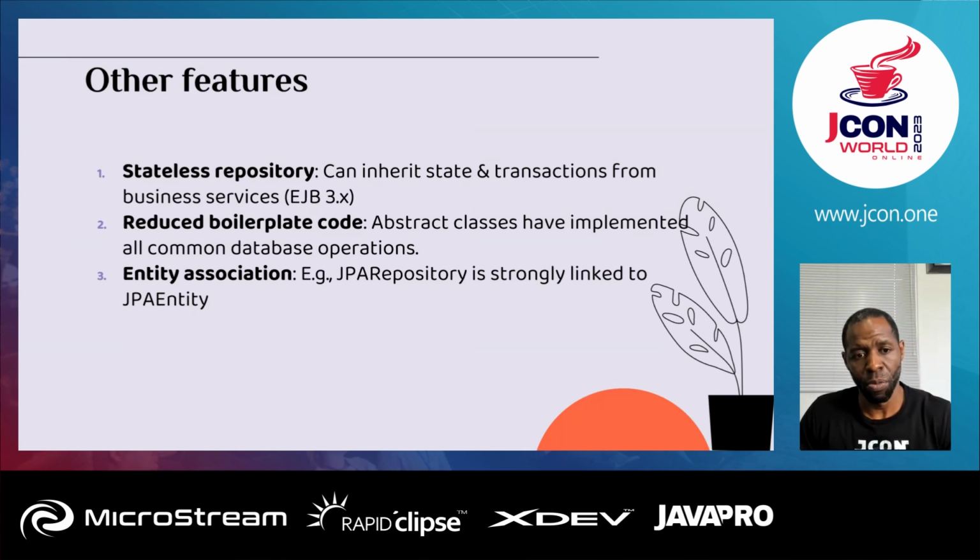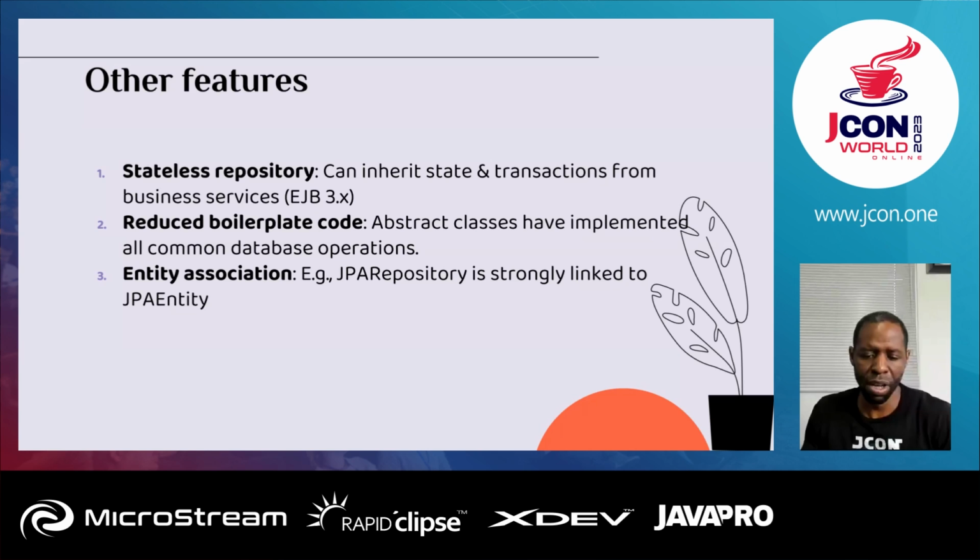And boilerplate code: because all the abstract classes already implement all the basic operations, the user doesn't have to worry about how to abstract everything or re-implement everything. If they specify additional functions on their interfaces, then yes, they'll have to implement them. So they'll have to have basic knowledge.